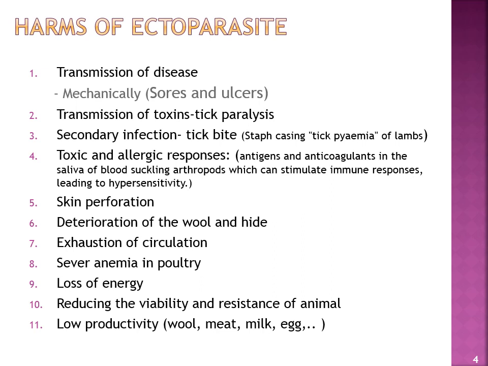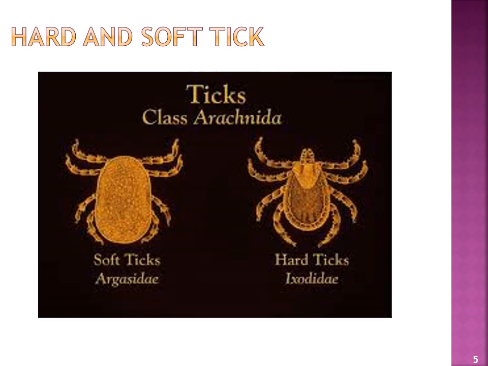All that happens as a result of the ectoparasite, causing a loss of energy to the host and exhaustion of circulation, especially in the case of ticks, which suck blood and cause severe anemia in animals and poultry. All that leads to reducing the viability and resistance of animals.